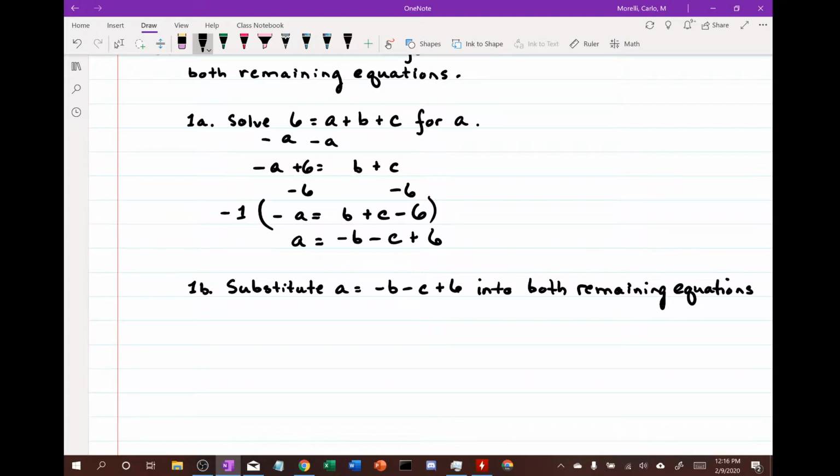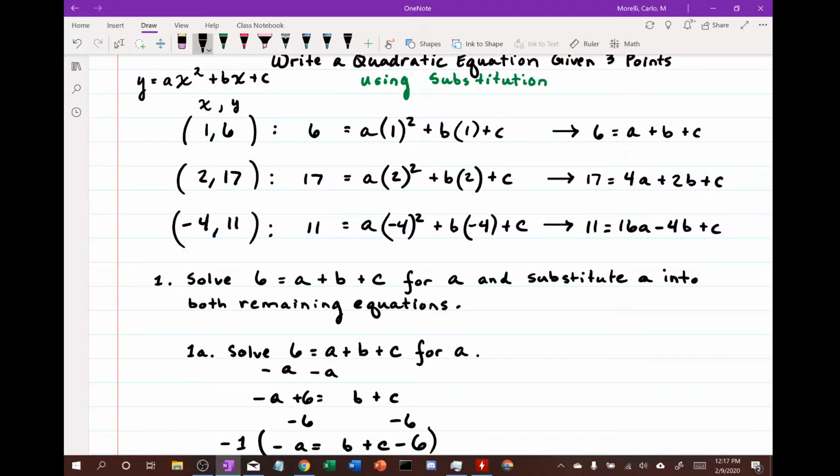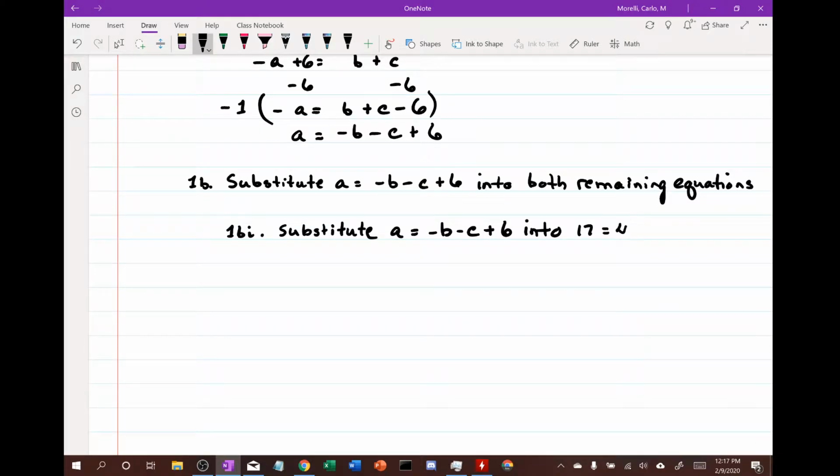So we'll take this as step 1B, part 1, where I will substitute A equals negative B minus C plus 6 into the first of my 2 remaining equations, which was 17 equals 4A plus 2B plus C. So everywhere I see an A value, I will substitute in this expression.